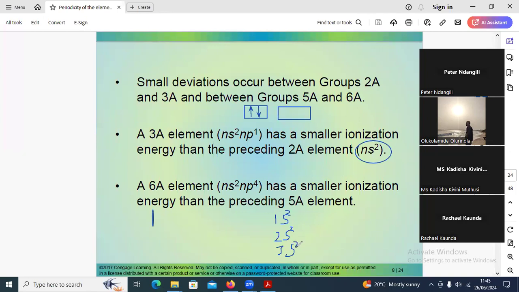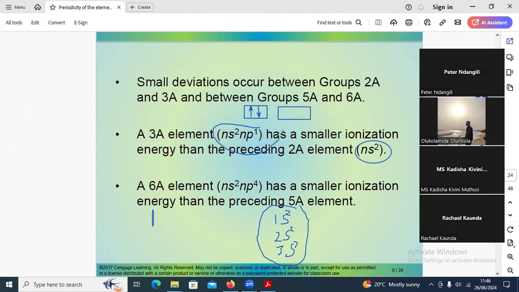The configuration of group 2 is going to be like this, and that means the arrangement of the electrons is going to be of this nature. What did we say when a configuration is fully filled? When the orbitals are fully filled, then we say that this is a stable configuration.